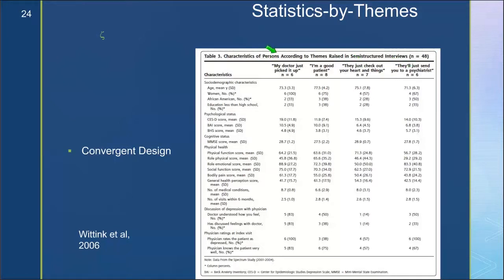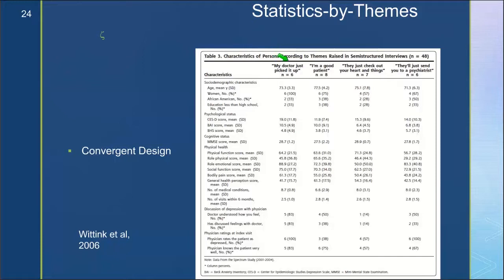They'll just send you to a psychiatrist. So each of those are mutually exclusive, qualitatively derived themes. And I think of this as really more of a typology. So these are types of patients, types of older adults. So they've grouped into these 4 different categories. And then they have, for each of these distinct mutually exclusive groups, quantitative results.